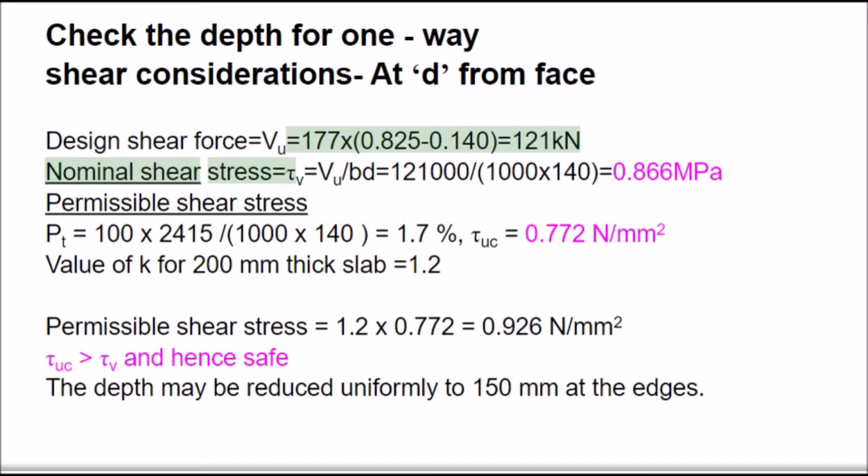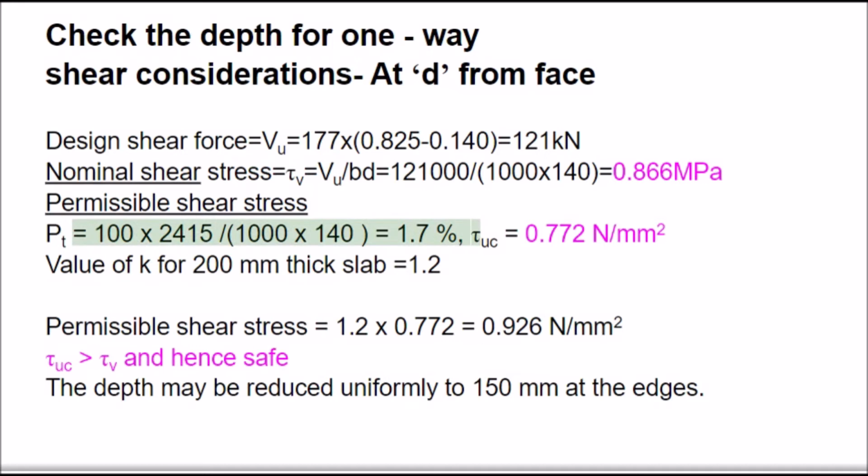Nominal shear stress equals tau v equals Vu/bd equals 121000/(1000 x 140) equals 0.866 MPa.